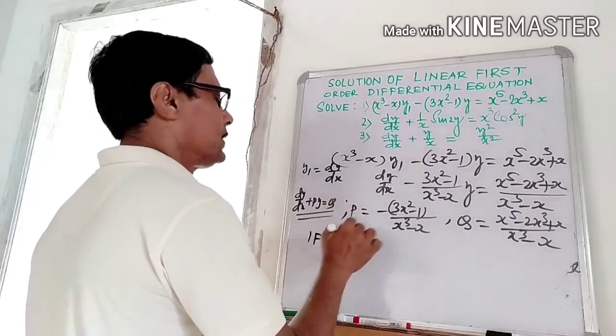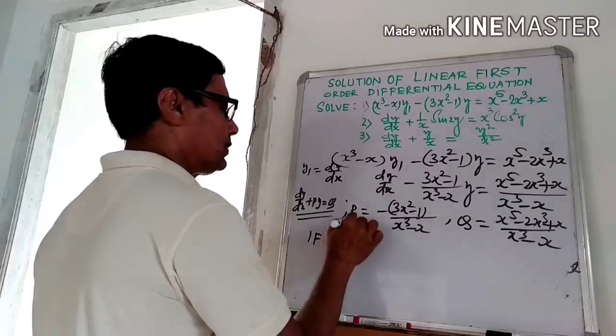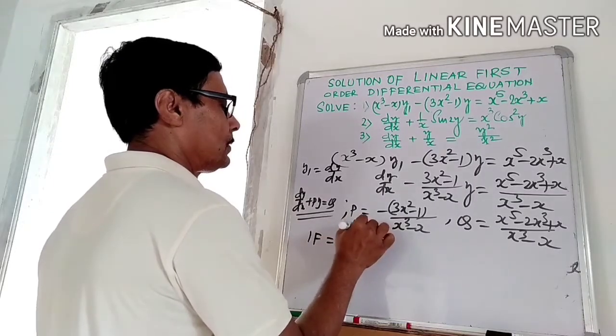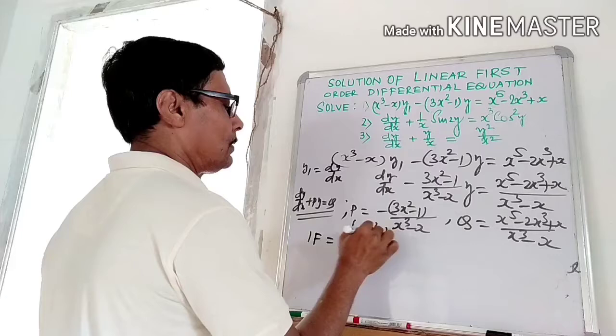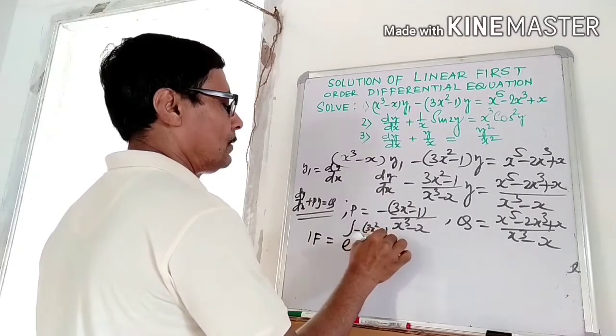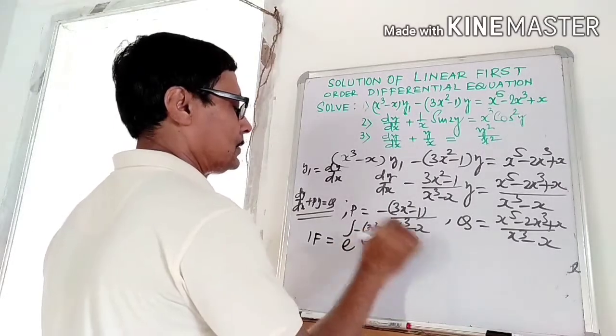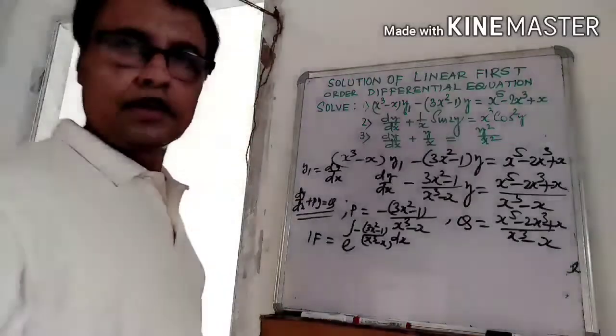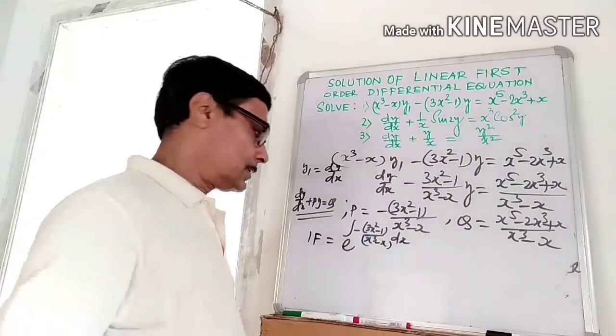So the integrating factor is e to the power minus integral of P dx. This is the integrating factor.